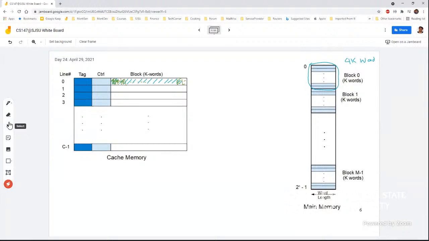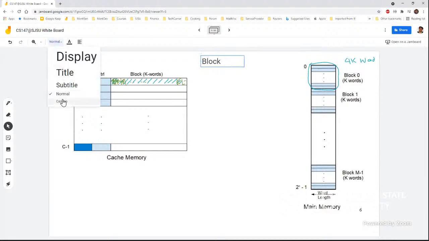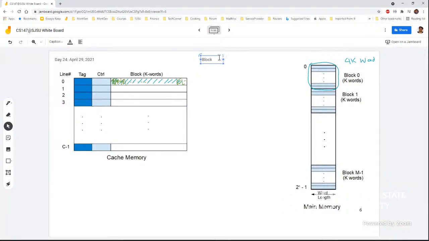If we have that concept clear, we have a couple of other terms being used. One is called the block address, which is which block we are talking of.